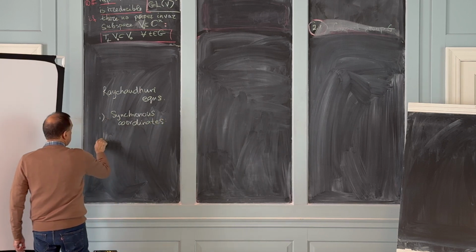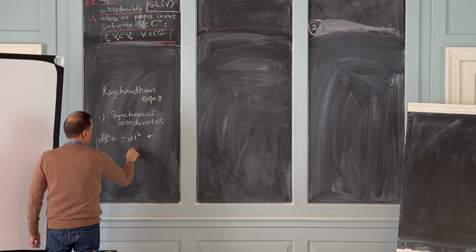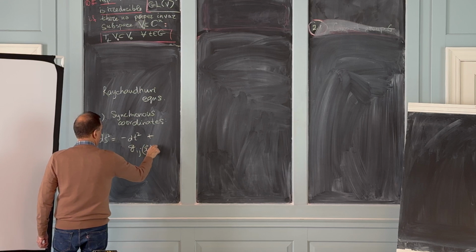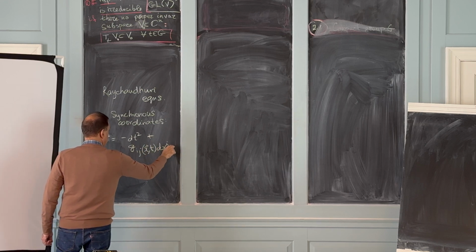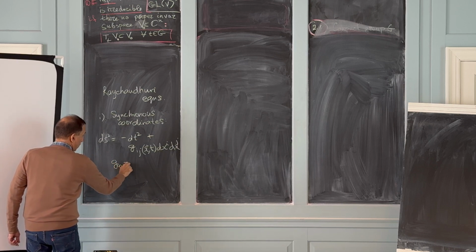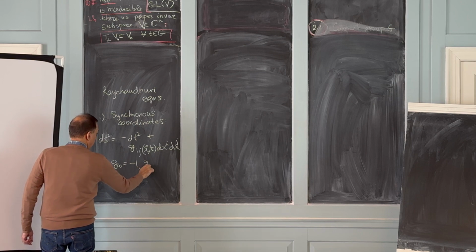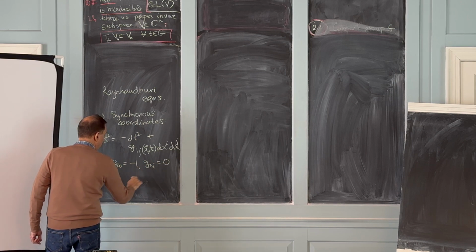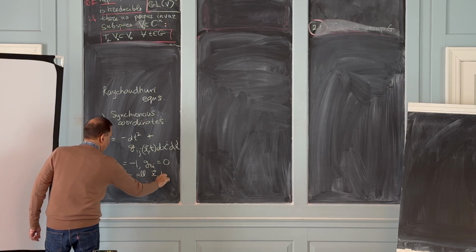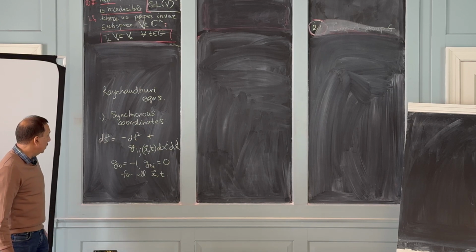And these are coordinates in which the metric of a quite general space-time can be written thus. So they satisfy four conditions. G00 is -1 and G0i are 0 for all x and t. So everywhere these conditions are true.